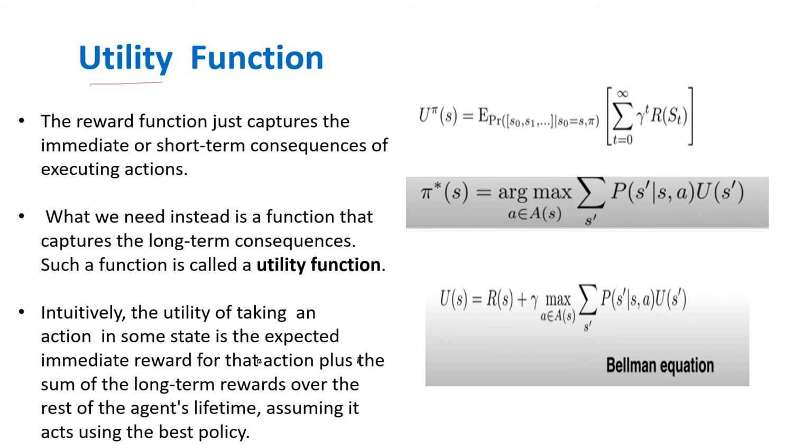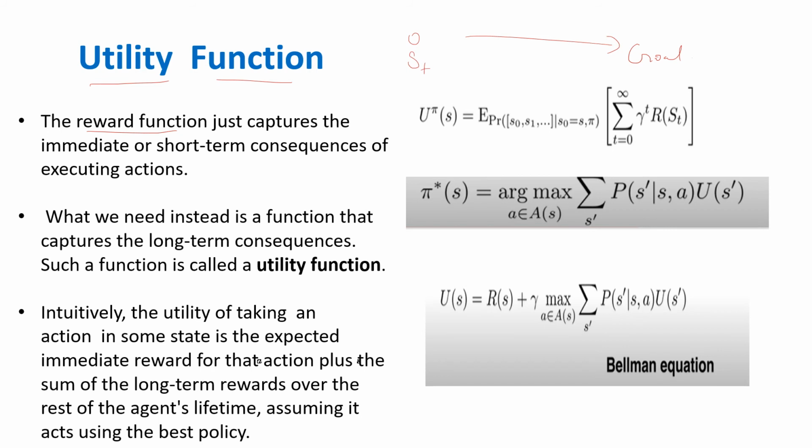Yes, one more function we have, the utility function. The reward function is only bothered about the reward that we get when we transit from one state to another. But our vision is to reach from the starting state to the final goal, right? So we will have n number of state transitions in between, and we will have the rewards, and we will choose each and every action.